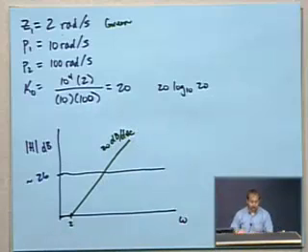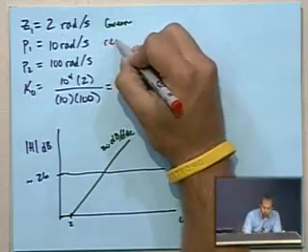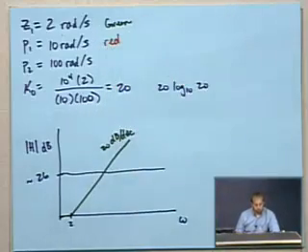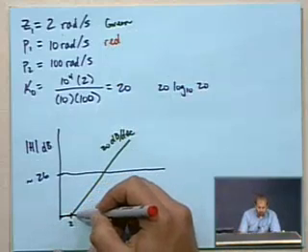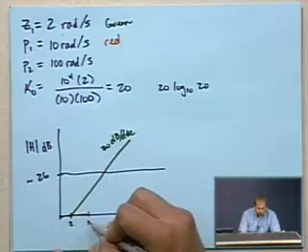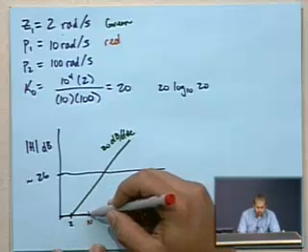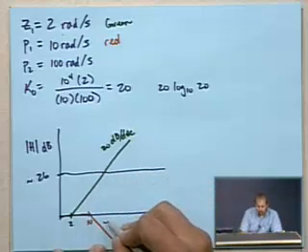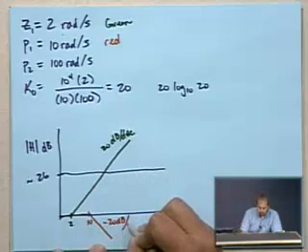Then in red, the first pole, P1, has a contribution of 0 until it hits its corner frequency of 10 radians per second, at which point it starts decreasing at negative 20 dB per decade.